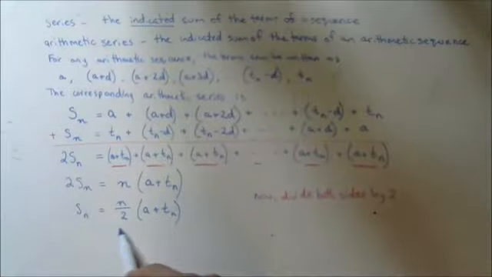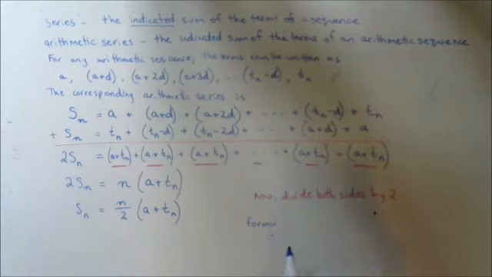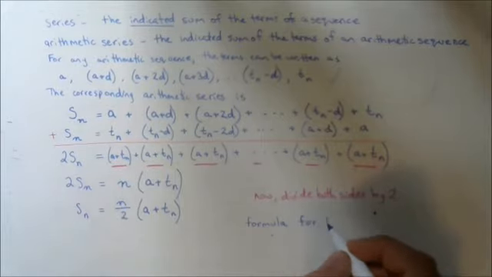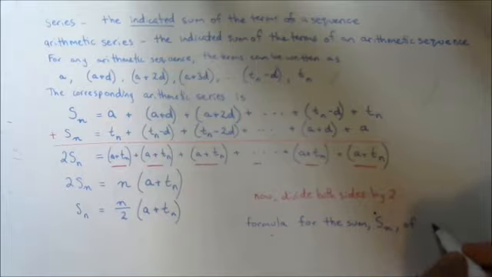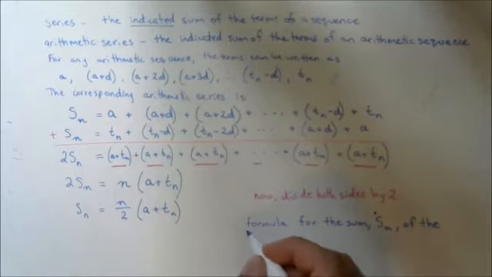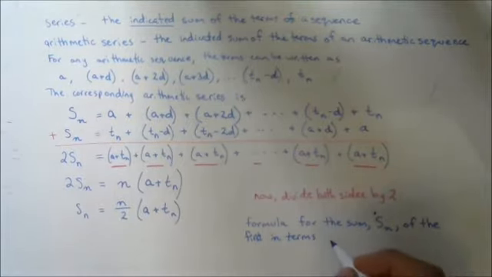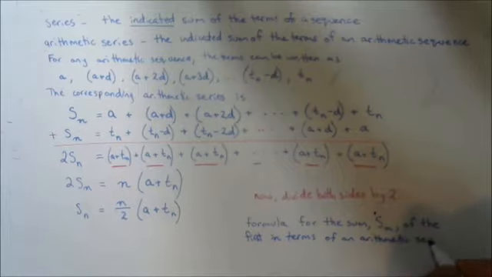What we have here is a formula. I'm deliberately leaving some space here just so you know. A formula for the sum, represented by s sub n, of the first n terms of an arithmetic series.